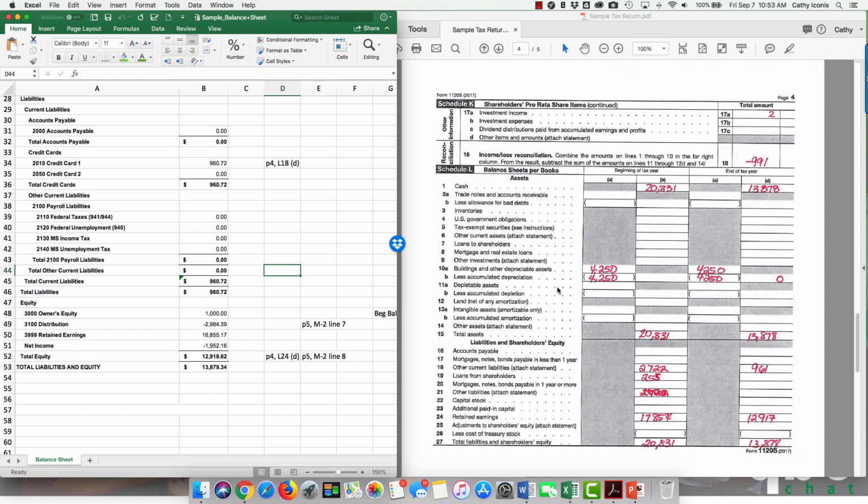But that's how we're really matching up what's happening on the tax return to what happens in our financial statements, those ending balances or beginning balances, whatever we're trying to figure out. And remember, it's important that we want our equity area at the end of the day to match what's on the tax return.